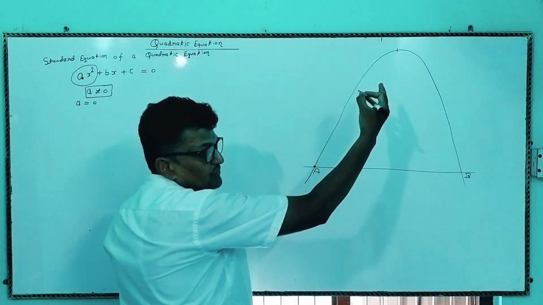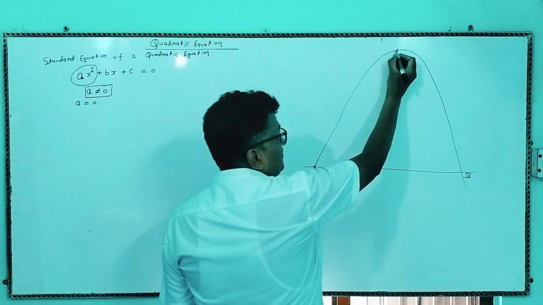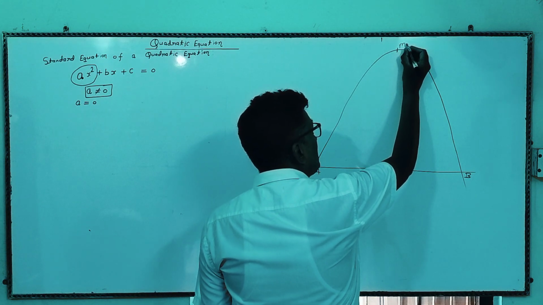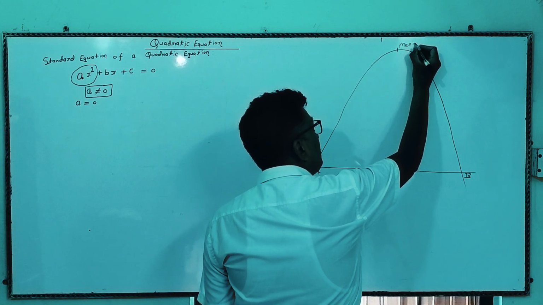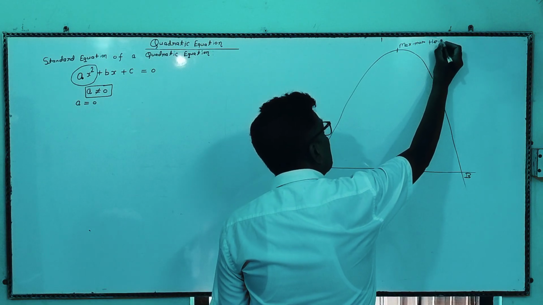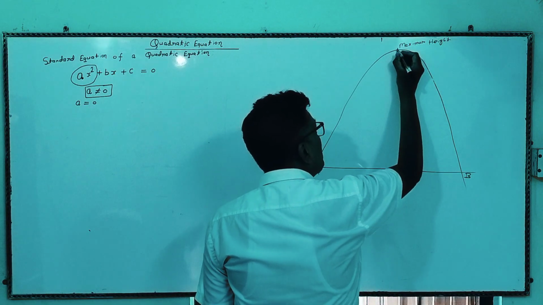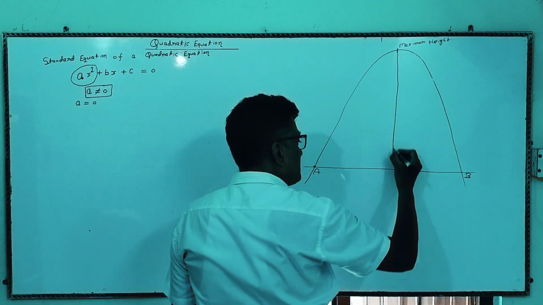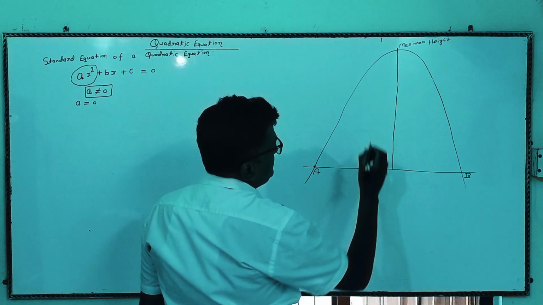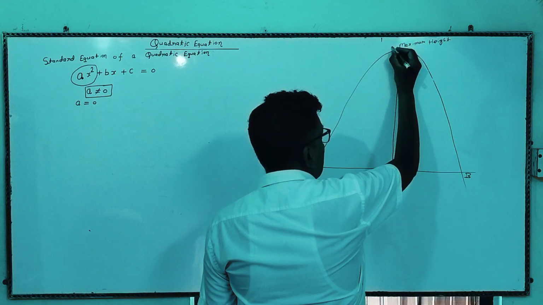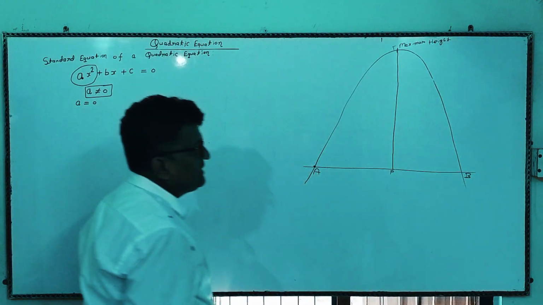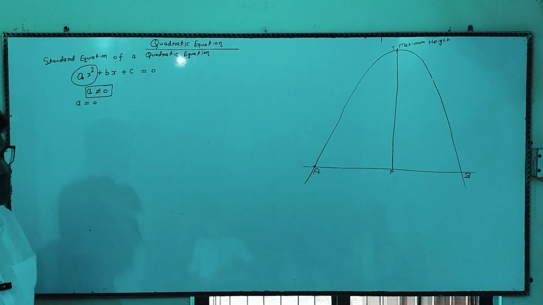This is called the vertex of this parabola. This point is the maximum height. Suppose this is point T and this is point P, then the maximum height is PT.